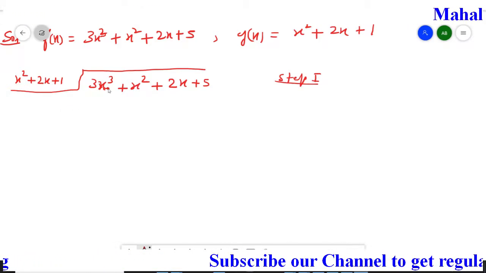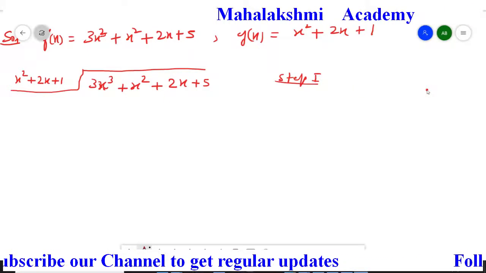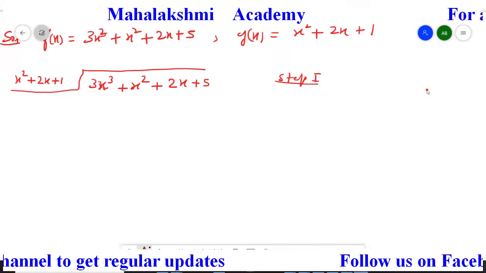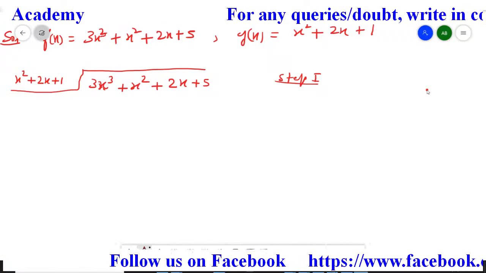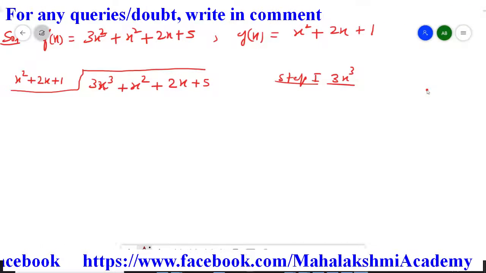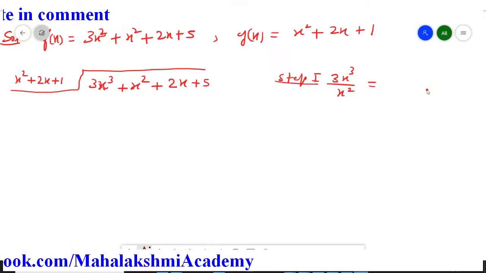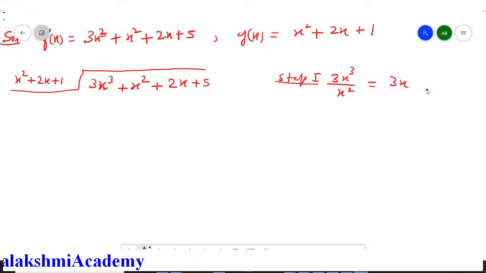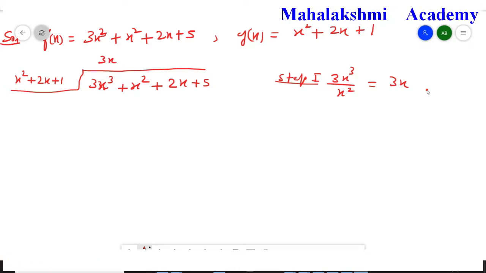That will give you the first term of the quotient. So 3x cube divided by x square is only 3x. So in the quotient just write down 3x. I hope it's clear to you.